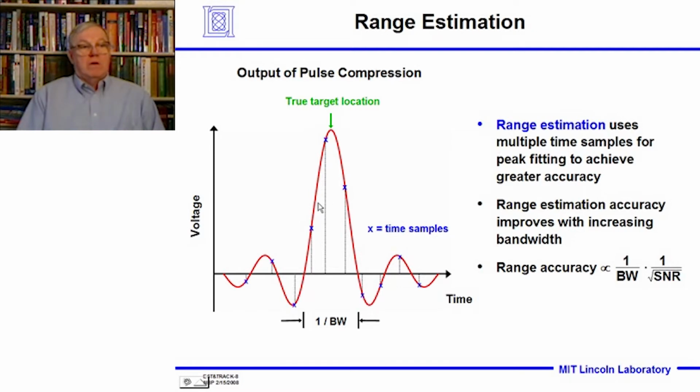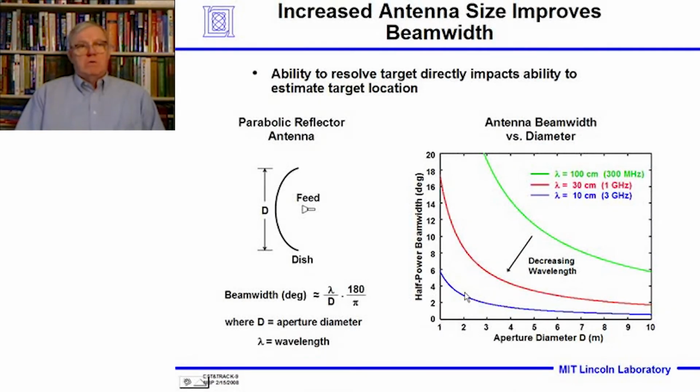Remembering this width of the response in range is proportional to 1 over the bandwidth times 1 over the signal-to-noise ratio, which also implies it'll improve if we have better and better signal-to-noise ratio. So if we want a more accurate estimate of range, higher bandwidth and higher signal-to-noise ratio are a big help. Okay, now what do we do with angular size?